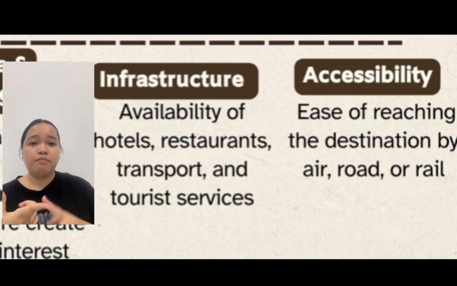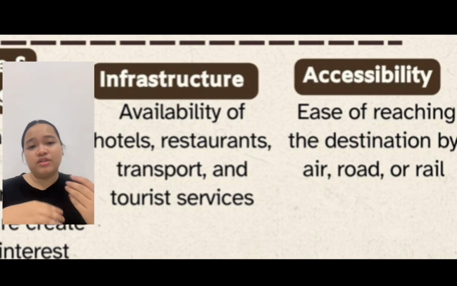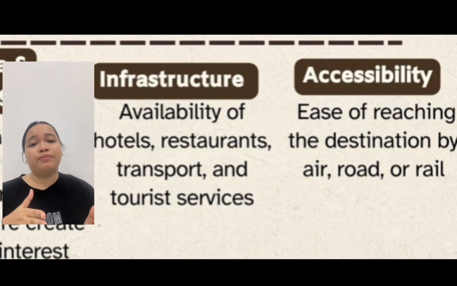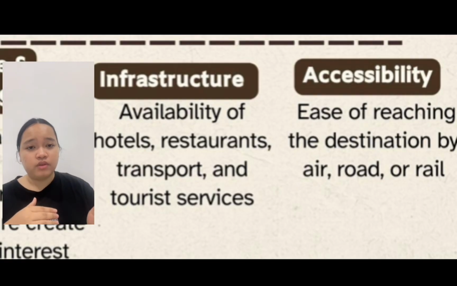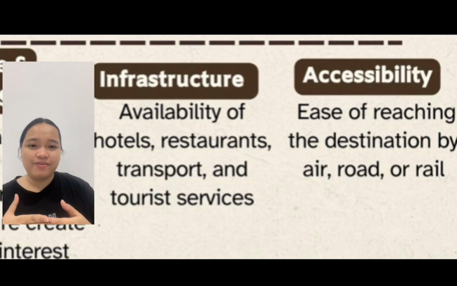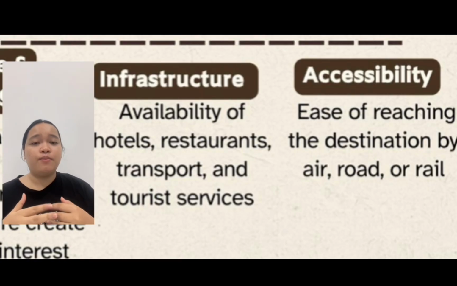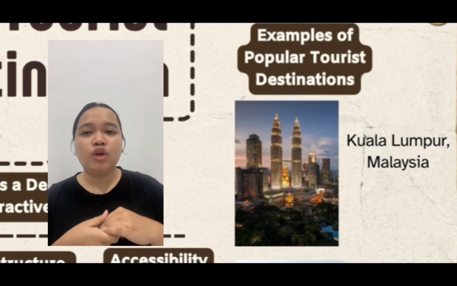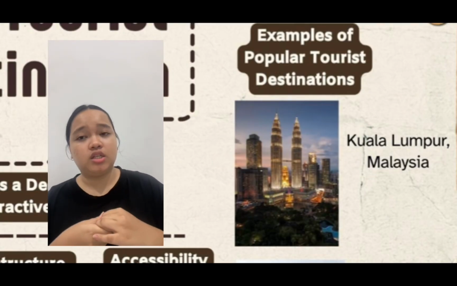Kuala Lumpur, Bangkok, and Dubai are popular tourist destinations partly because they are major air travel hubs with direct flights from many countries. So when a place is easy to reach, it will automatically encourage more people to visit. So these are the examples of popular tourist destinations.